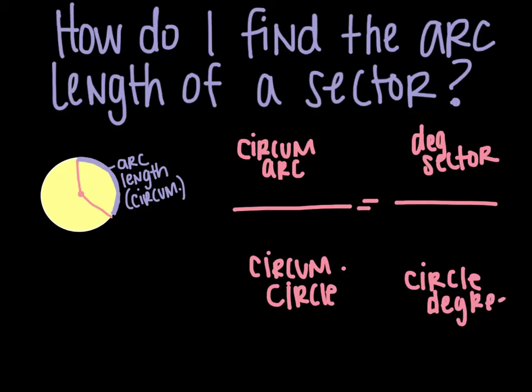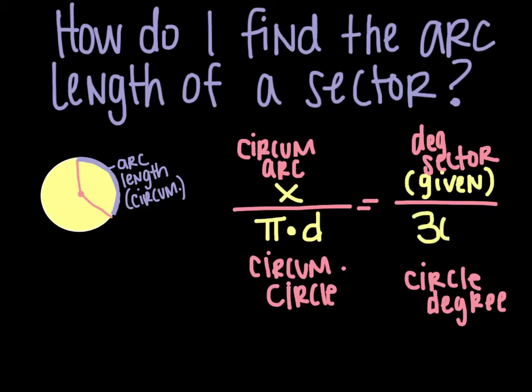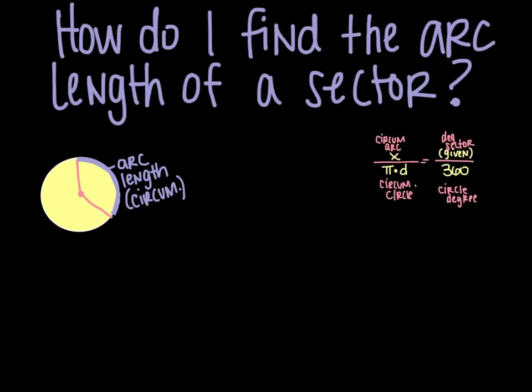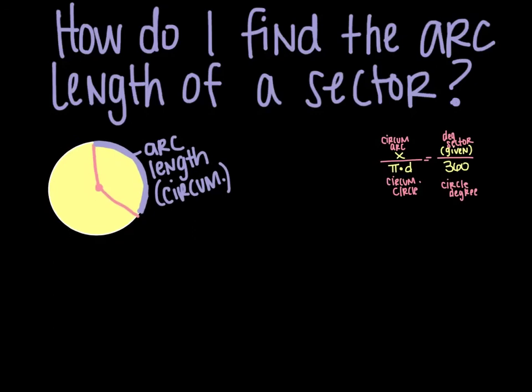And we can fill in information just like we did the last time. Here we have circumference of your arc, that's what we're trying to find. Circumference of a circle, if you remember, is pi times diameter. Sector degree, that is always given information. And then your circle's degree is obviously 360. So using that proportion, we can solve problems with circles and sectors.